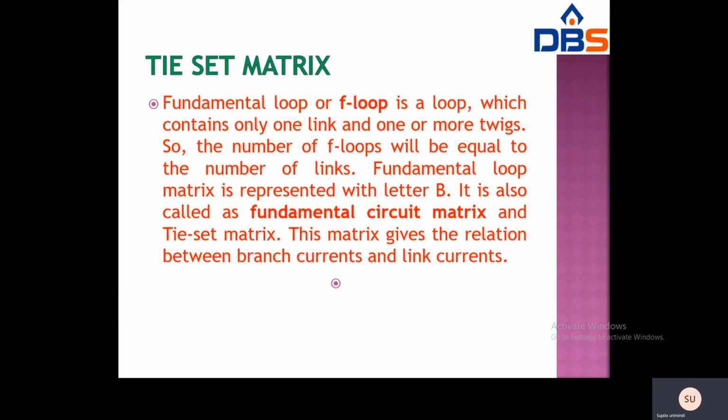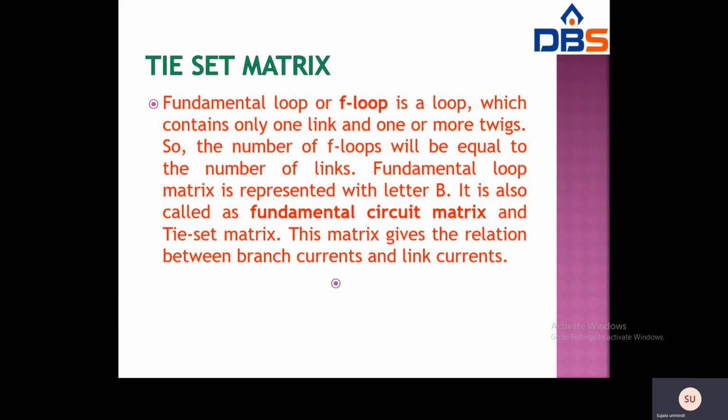So while you have to draw it, or find any matrix equation, first you have to frame the F loop. We have to frame one loop, and for that loop there is only one link, but any number of twigs. For each loop, one link.